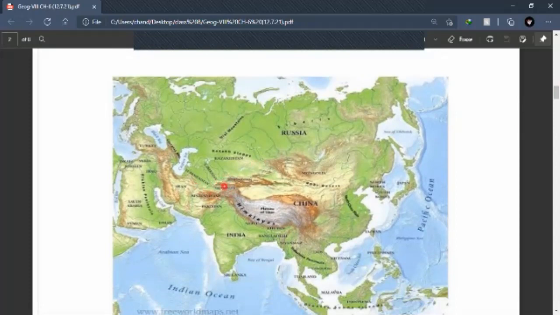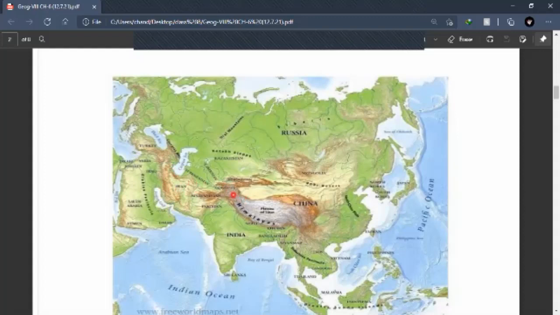Here we have two innermost plateaus, meaning plateaus surrounded by mountains on all sides. They are the Plateau of Iran between Elburz and Zagros mountains and the Plateau of Anatolia, which is between Pontic and Taurus mountains.